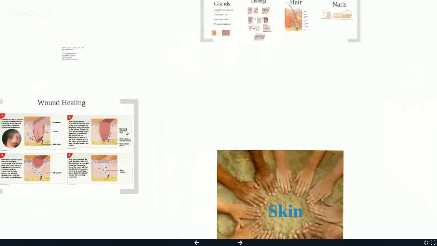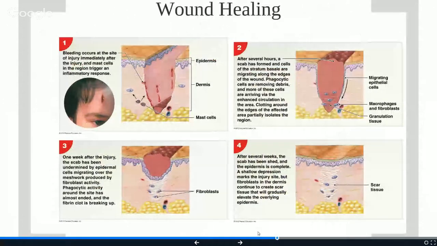I talked about this last time. This is a picture from a different book, but I showed you our book's picture because I think, Ismail, you asked about regeneration. So I already talked about this in terms of tissues, but I usually have it in the skin section of the course. One slightly nice thing about this compared to the picture in our book is that it does show the epidermal or epithelial cells migrating around the wound site to grow in and connect the two sides.